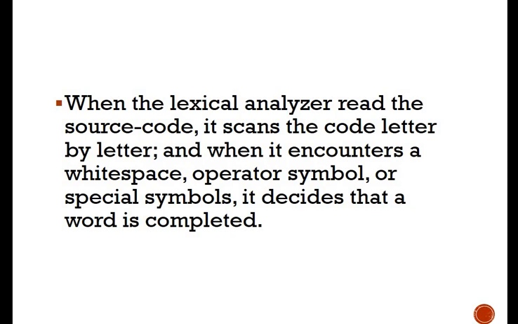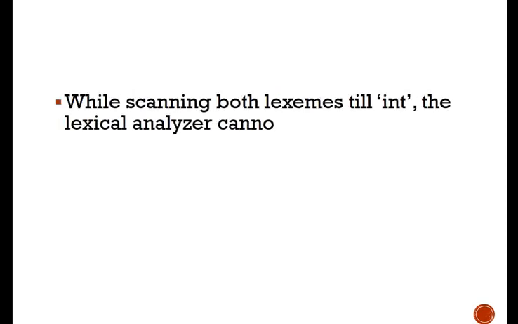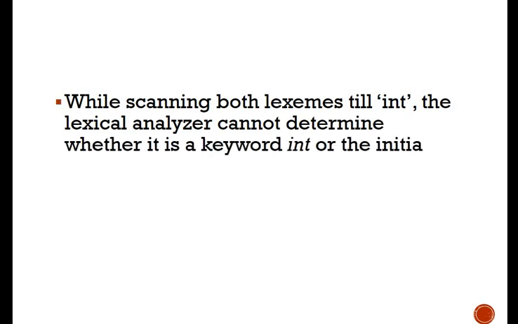While scanning both lexemes up to int, the lexical analyzer cannot determine whether it is the keyword int or the initial letters of an identifier int value. Here is an example: we saw int value is equal to 100. When it starts scanning, after int there is a white space.